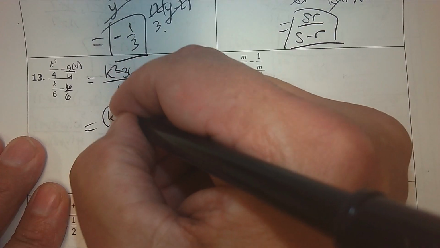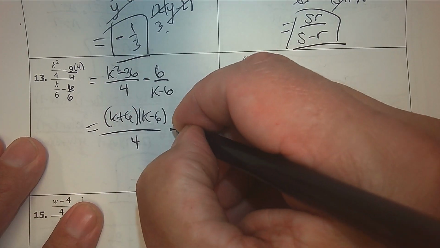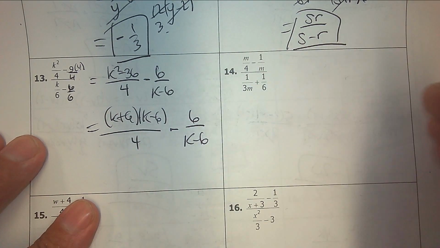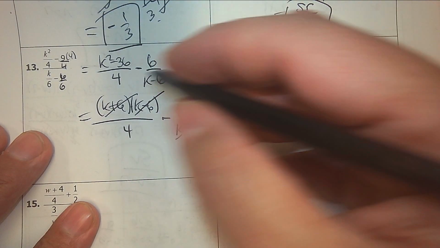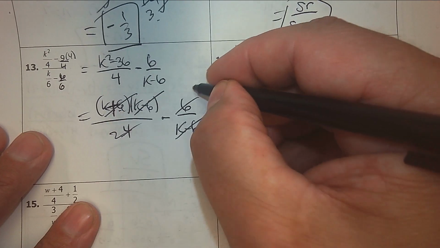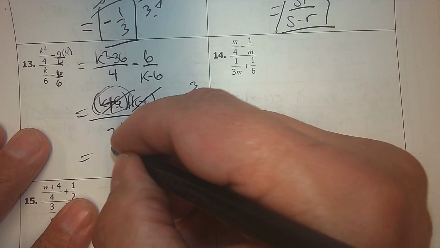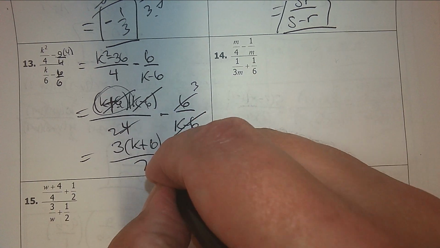Do a difference of squares. Match and divide out. Oops, this one's alive, not struck out. K plus 6. 2 goes into both evenly, so this one's still alive, so it's 3, k plus 6, and then 2.